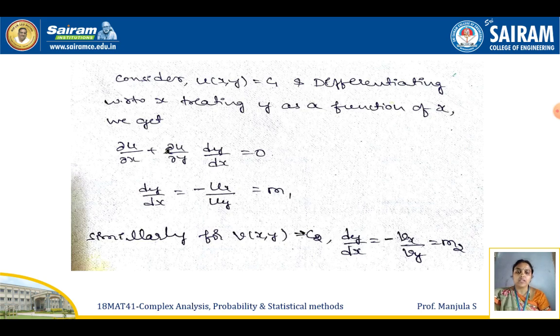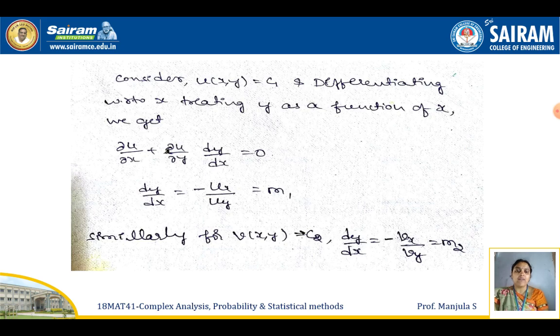Similarly, for the next curve, v of x comma y equals c2, where c2 represents a constant, if we differentiate with respect to x, treating y as a function of x, we get the slope of the second curve: dy by dx equals minus vx divided by vy. Denote that as m2.